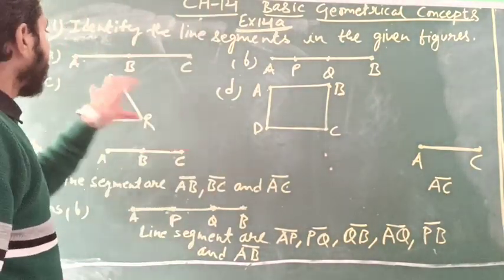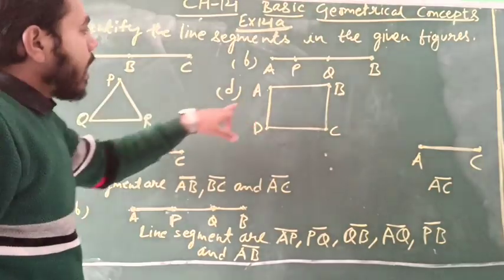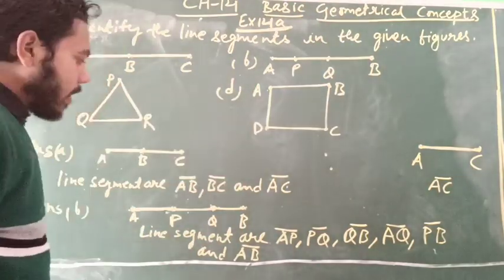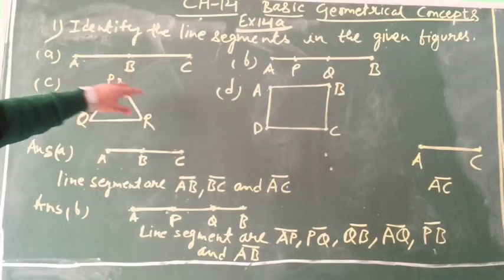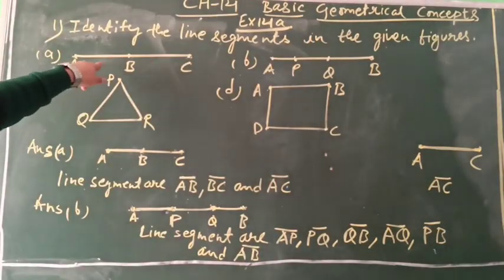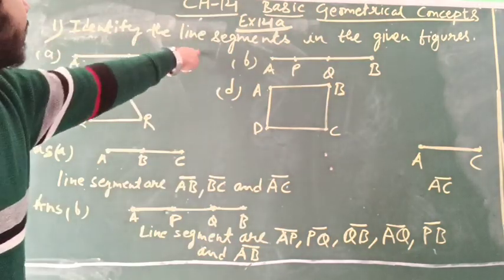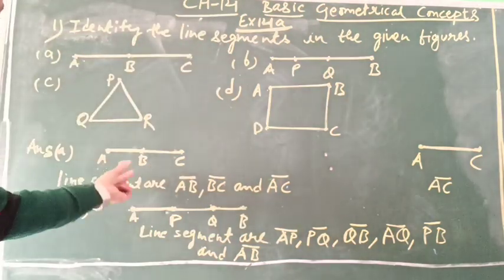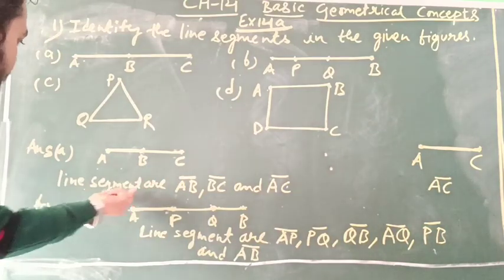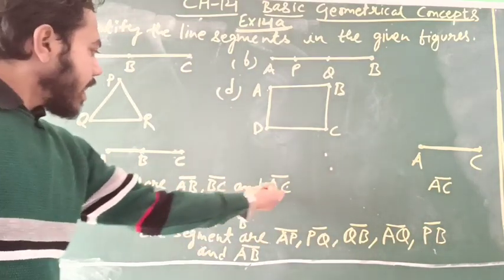Now we will talk about question C and question D. Let's repeat again. In figure A, the line segments are AB, BC, and AC.